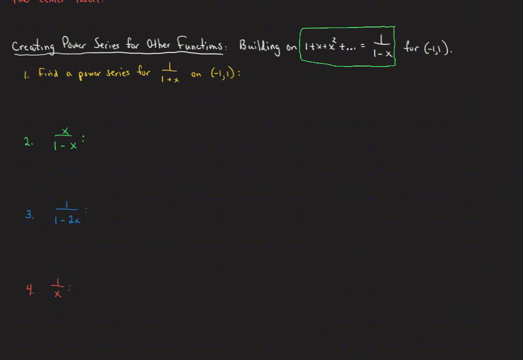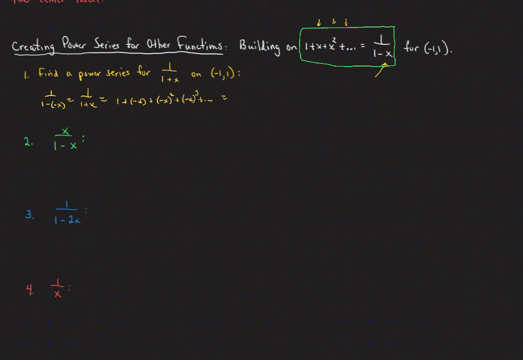So one is, if we replace that x in our known convergent series with a negative x, then 1 over 1 minus the negative x is going to be 1 over 1 plus x. That means our series, where we substitute a negative x everywhere we see that x, will be 1 plus negative x plus the negative x squared plus the negative x cubed, on and on and on.